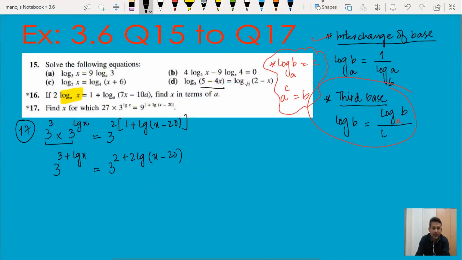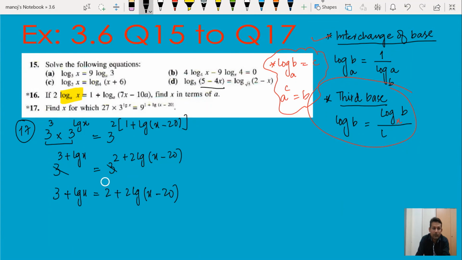Now we can compare the powers. We do not cancel actually, please. 3 plus log x is equal to 2 plus 2 log x minus 20.